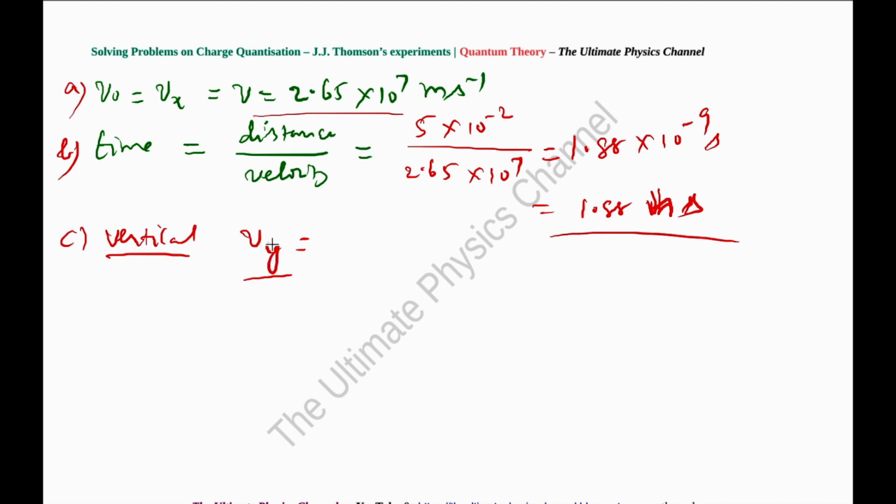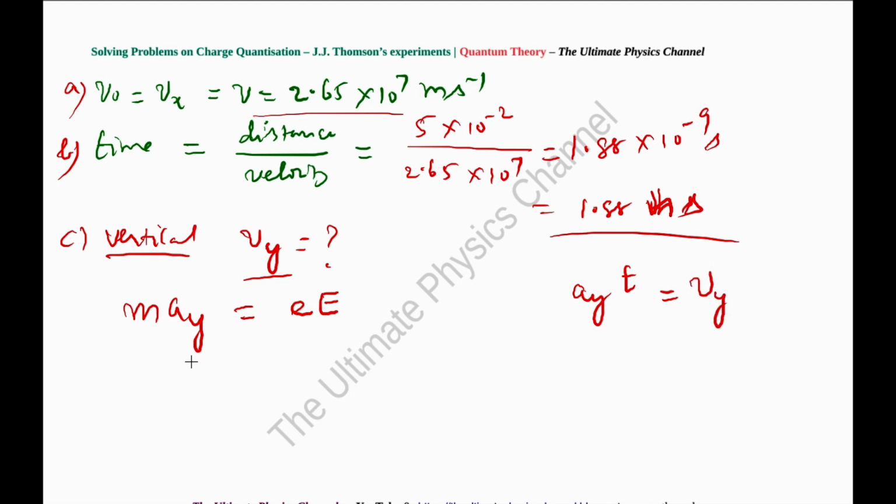So the velocities of the vertical and horizontal components are different. What is Vy? Using Newton's equation, mass times acceleration is equal to the electric field force, and we know that Ay times t, the time of travel, is Vy.